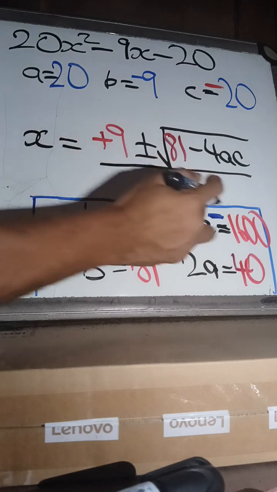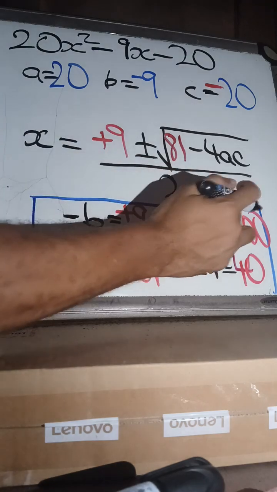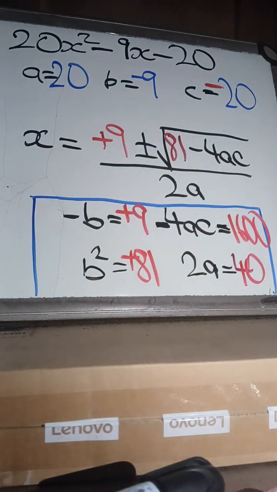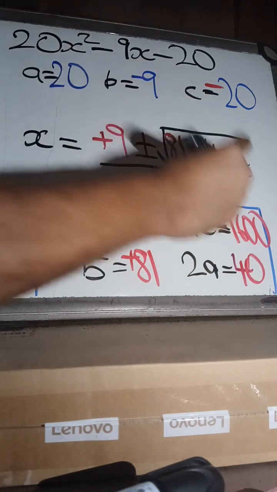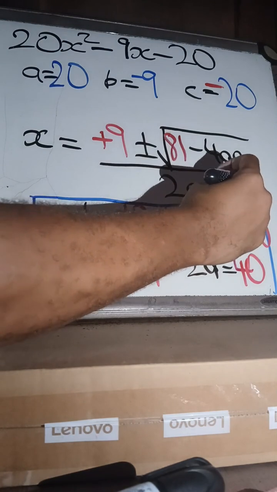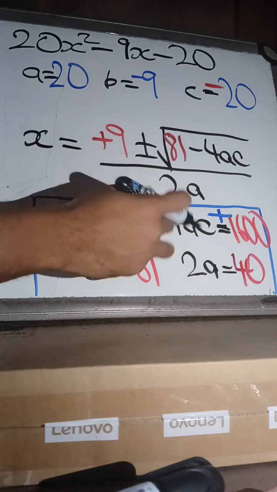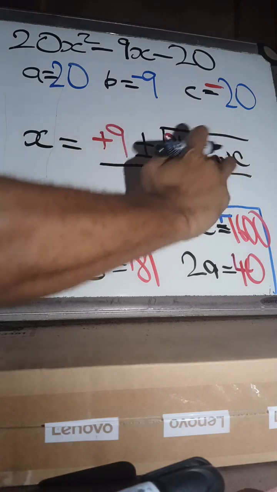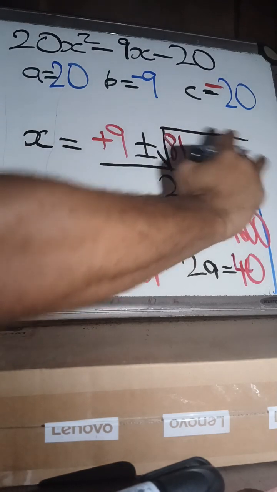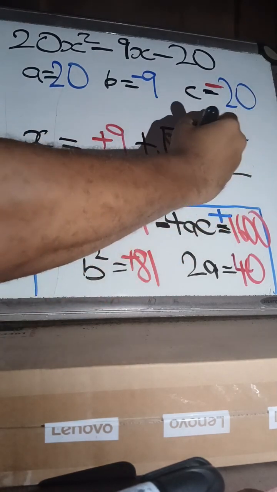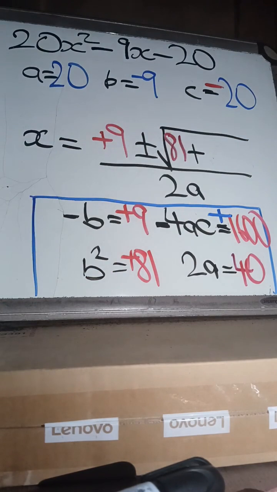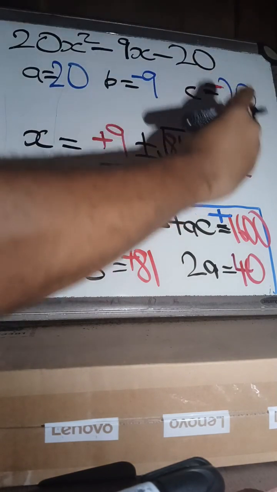In that case, this becomes positive. You could literally put a plus sign in front of that. And therefore, when you're replacing minus 4ac, you put that.